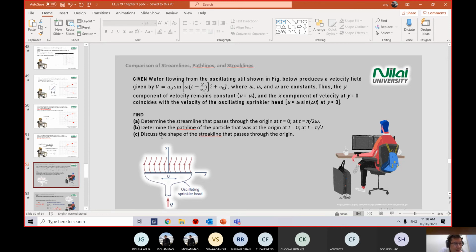It's not a big O. Especially in the last line in the question, just above the word find: the velocity of the oscillating sprinkler head, given by the equation U equal to U0. The 0 is a subscript, not the big O. Then you need to find the streamline, path line, and also the shape of the streak line. That one we will cover in the next lecture.